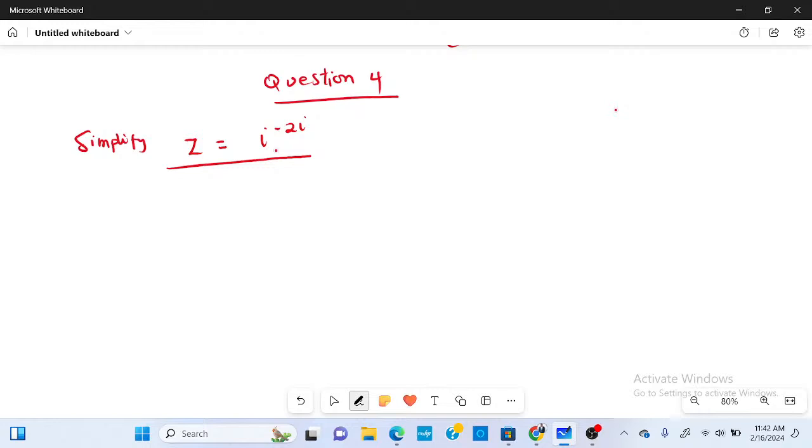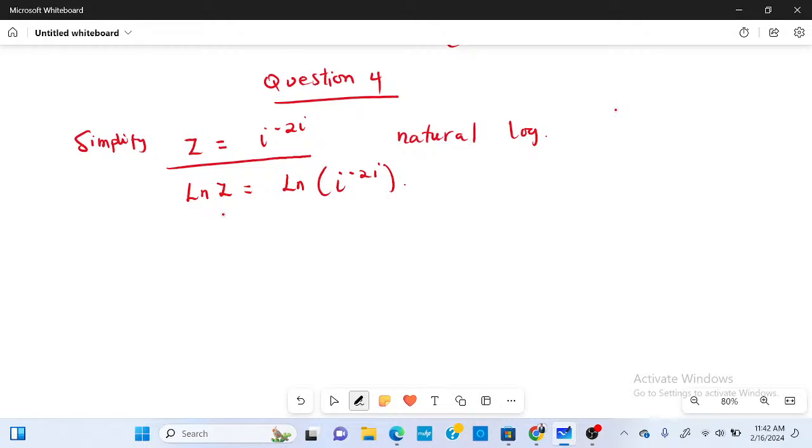Once you have a complex number to the power of a complex number, we apply natural log, that is the logarithm of the complex number, to bring the power down. So at this point, to solve this problem, we simply find the natural log of z, which is equal to the natural log of the expression i to the power negative 2i.